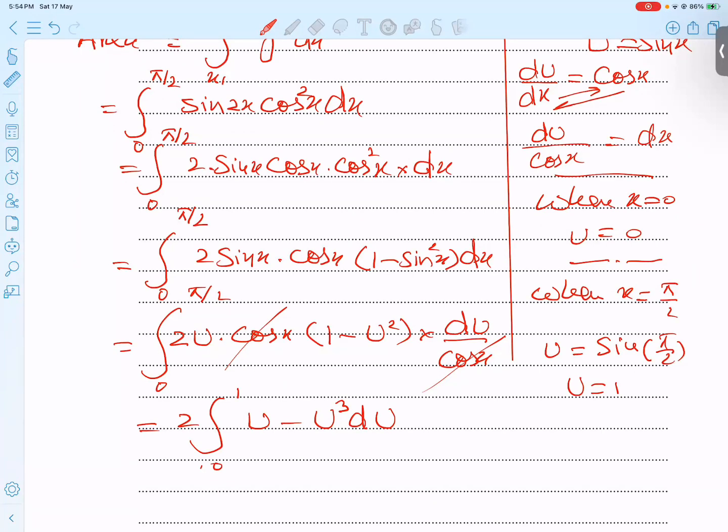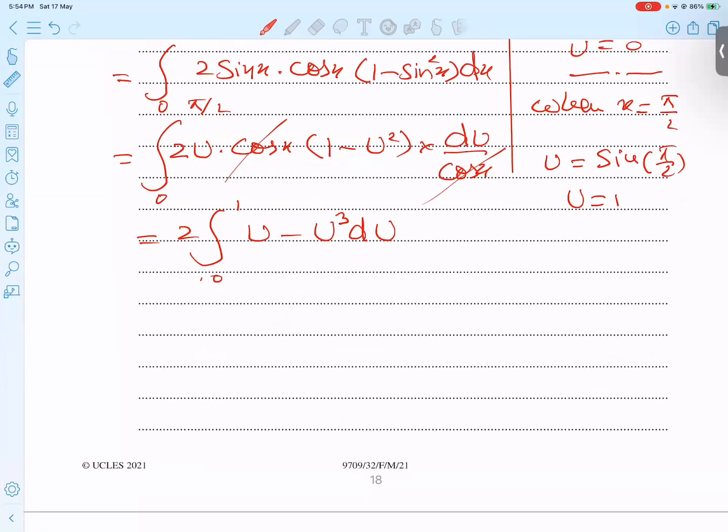Now I'm going to evaluate with the limits. First of all, I will do the integration. Increase the power by 1 and divide by the same. Increase the power by 1 and divide by the same. The limit is 0 to 1 and outside is 2. So this 2 goes inside, or you can bring it outside, no problem at all. I can do it directly.